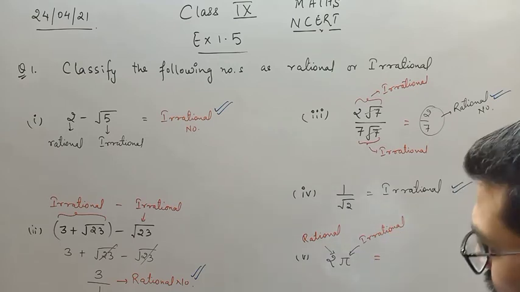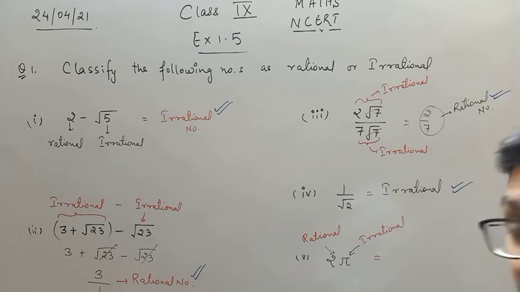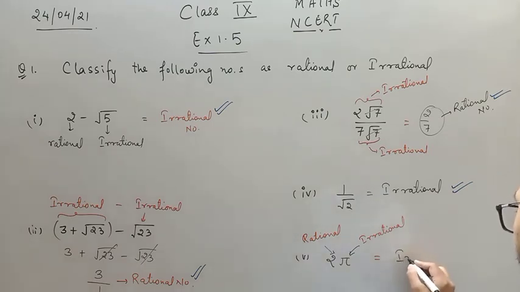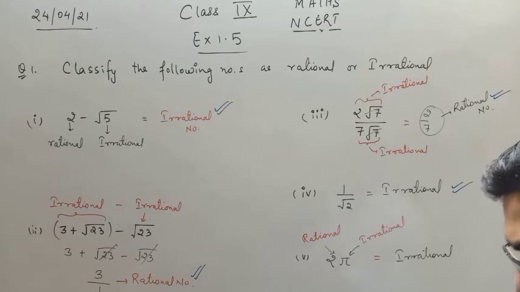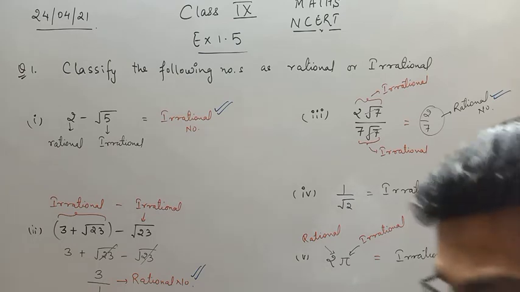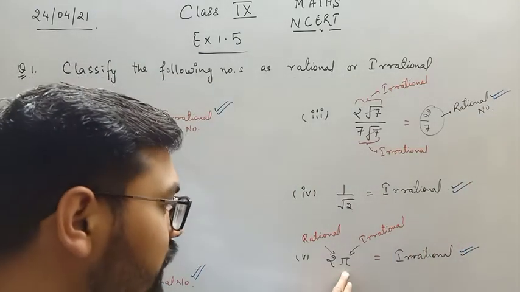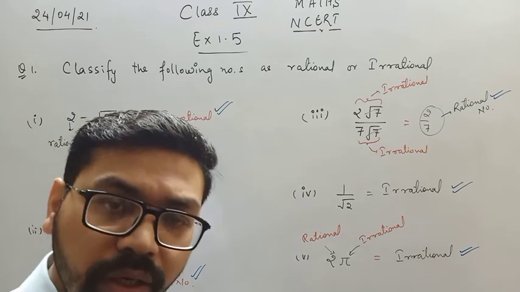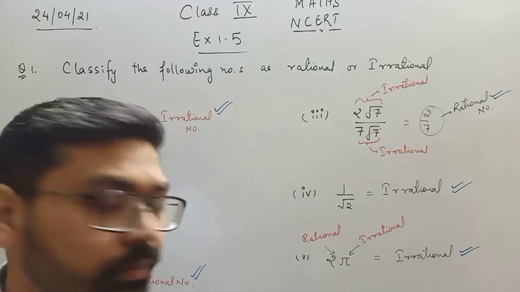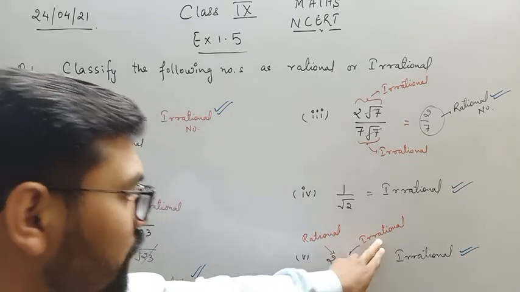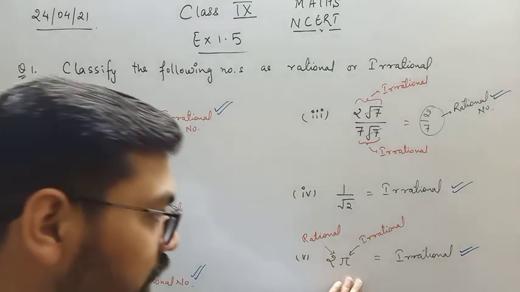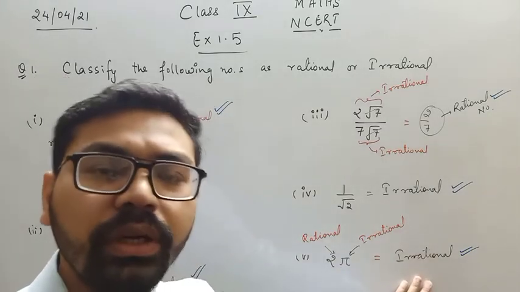So the product of a rational and an irrational number is irrational. And I have already told you why pi is irrational, because it is non-terminating, non-repeating. The decimal expansion of pi is non-terminating, non-repeating. That's why pi is irrational. So when you multiply a rational with an irrational number, the result will always come out to be an irrational number.